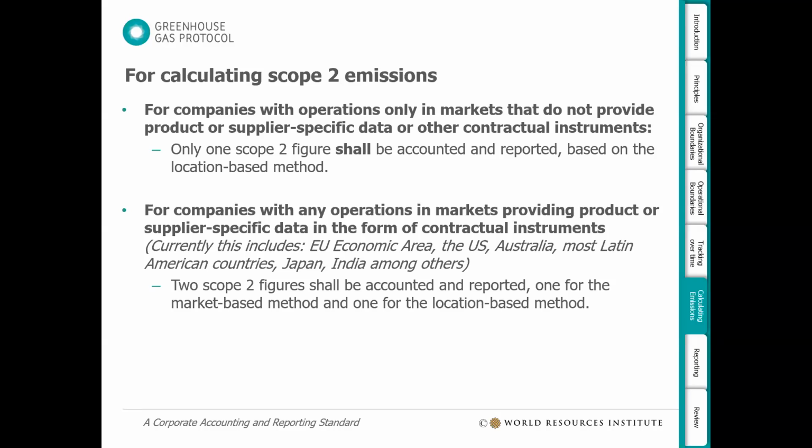One is the market-based approach, which companies use to reflect the emissions profiles of these differentiated electricity products that they have specifically contracted for. And to calculate market-based emissions totals, you would use emission factors specific to those products. The other approach is the location-based method, wherein Scope 2 emissions are calculated using grid average emission factors.